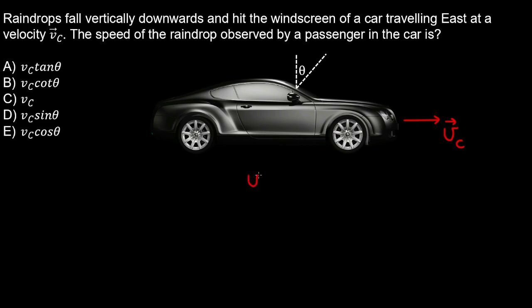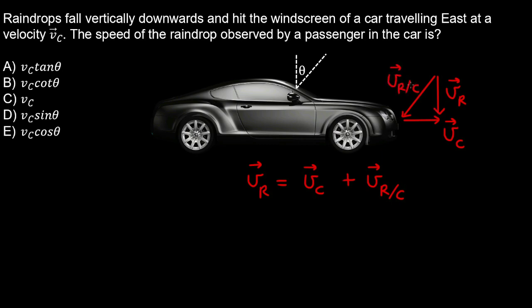So if we take the velocity of the raindrop, that's equal to the velocity of the car plus the velocity of the raindrop observed by the passenger in the car, or relative to the car. So therefore, if we have the velocity of the raindrop as follows, then by vector addition, we have the velocity of the raindrop relative to the car as follows.